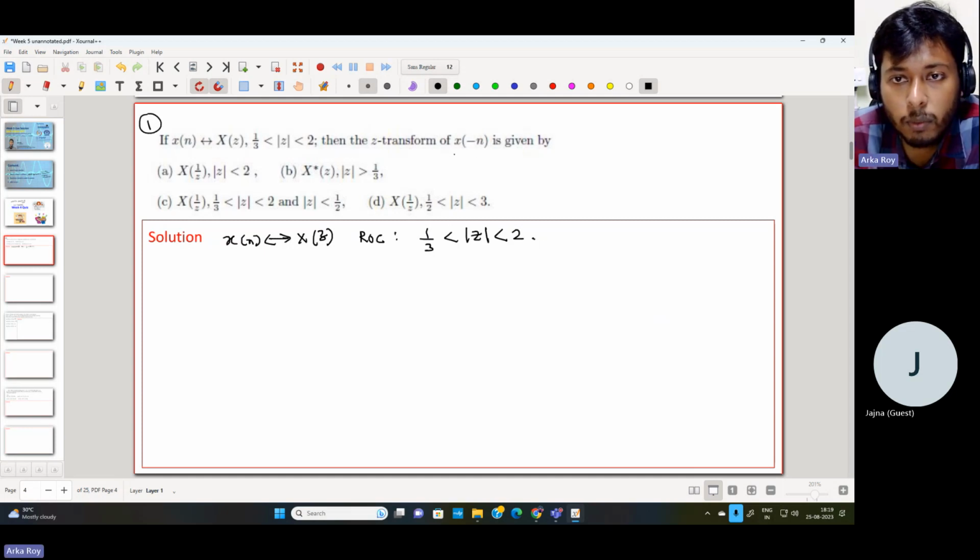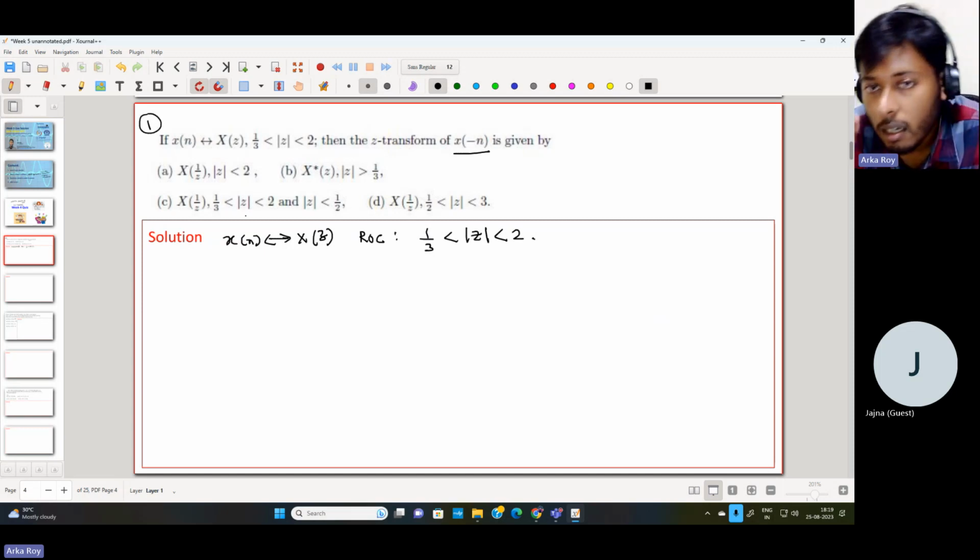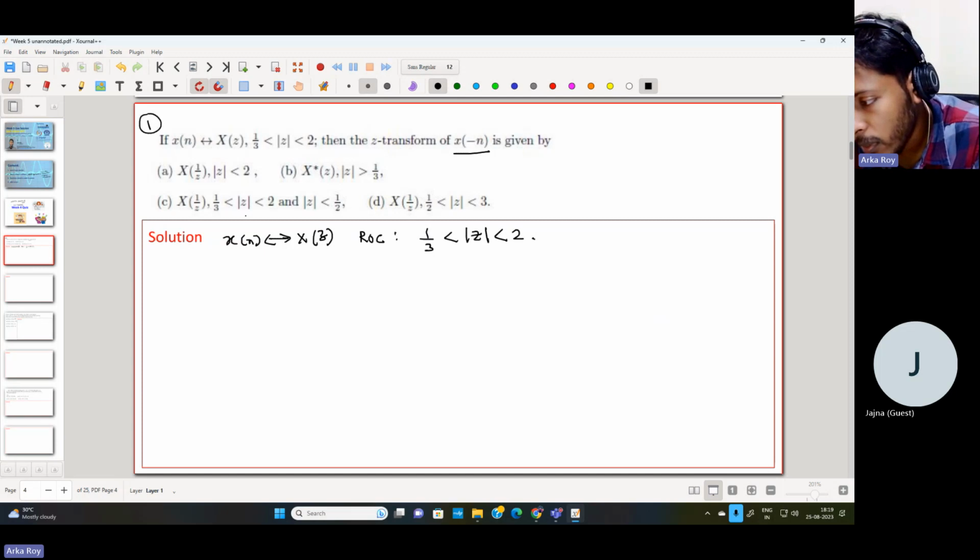The question is to find the Z transform of x[-n]. Associated with that, we need to find the ROC also, because we know that in case of Z transform, the final outcome actually corresponds to several sequences. It is only the ROC that makes the Z transform unique. So we need to find the ROC also for this particular question.